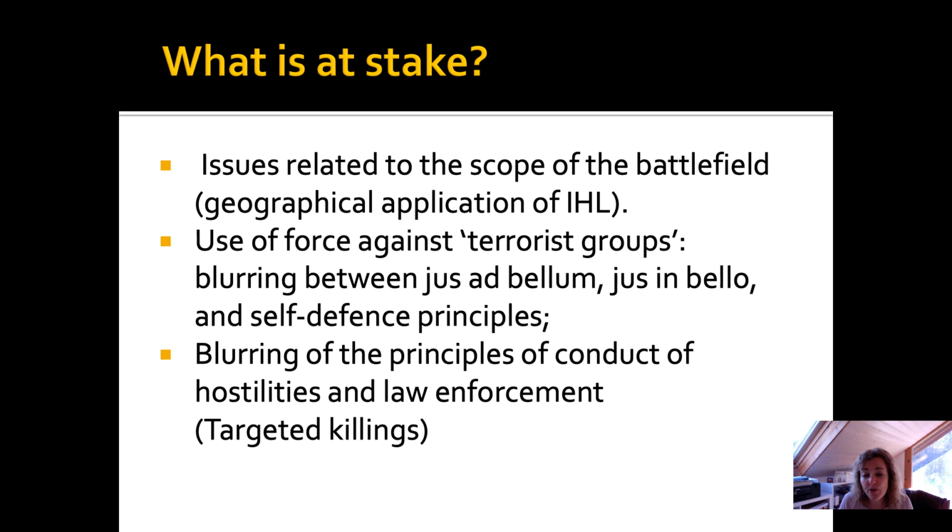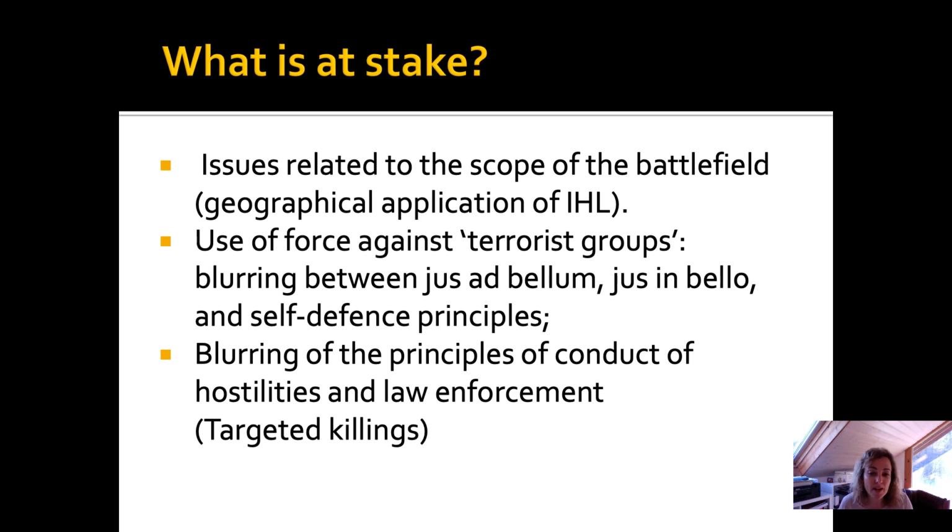There is also a blurring of the principles of conduct of hostilities and law enforcement. We are going to go into more detail about the law applicable in conduct of hostilities in our next course. But in a nutshell, it means that here again, similarly to the issue surrounding the scope of the battlefield, we don't exactly know whether a person, when this person is targeted, whether it's IHL or human rights law that apply.